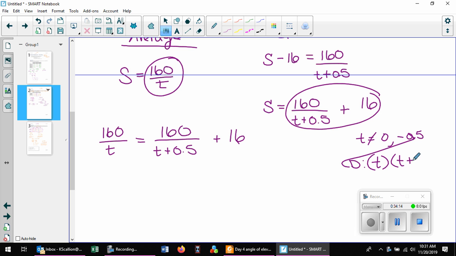And you need both of them, right? It can't just be the second one. That's another common mistake that I see people make. They don't put this one because they're like, oh, there's a T in there. But there's nothing I can times T by that would give me an add 0.5. Does that make sense? If I times T by 0.5, I get 0.5 T. I don't get T plus 0.5.